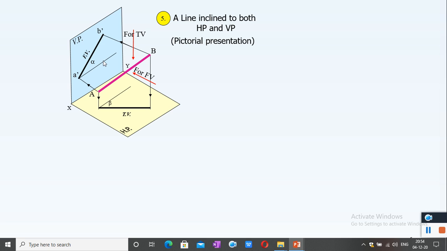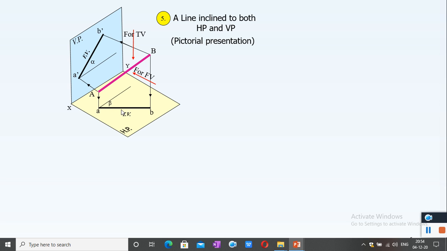This is the inclination of the front view, or A dash B dash, with the XY line. This line is drawn parallel to the XY line and the inclination of the line with the XY line is marked as alpha.